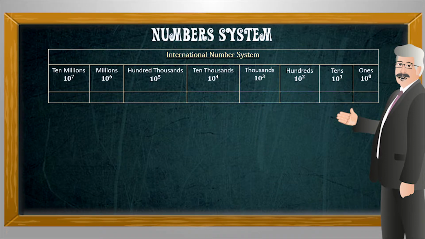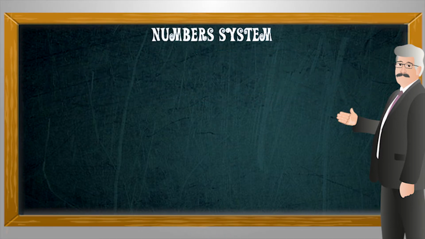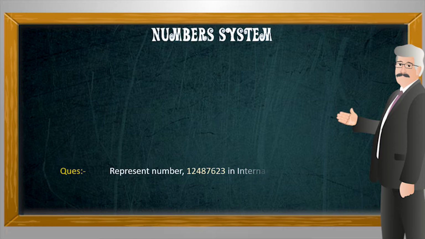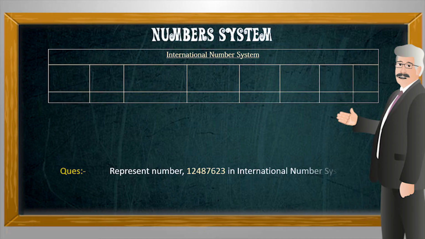To understand this concept, let's consider the following example: 12,487,623. How can we write and read this number in the international number system?